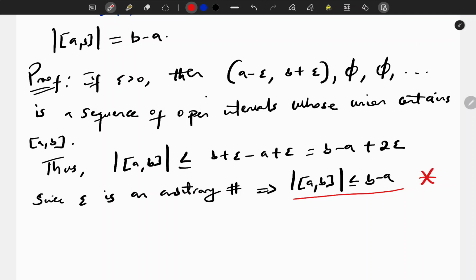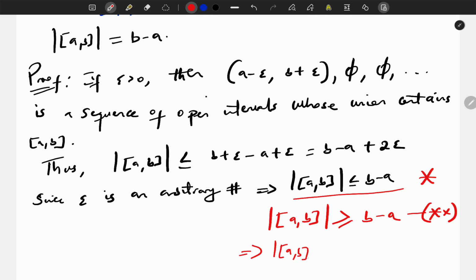There are some basic definitions and some theorems we need before we are able to prove that the outer measure of A comma B is greater than or equal to B minus A. If we are able to prove this, then this will imply that the outer measure of a closed interval is equal to the length of that interval, which is a nice property for outer measure to satisfy.